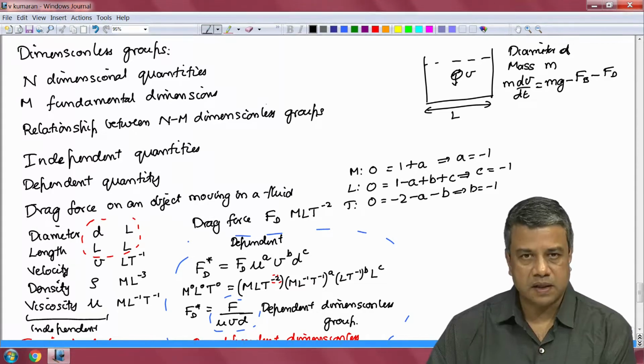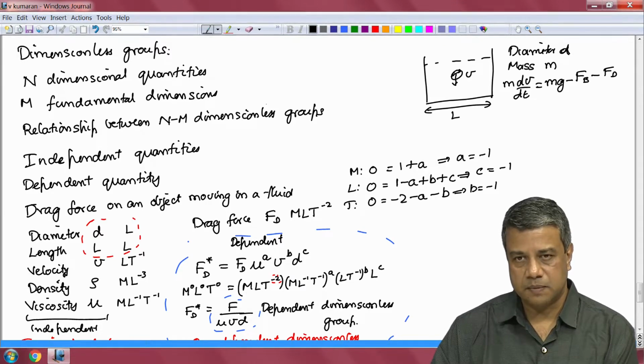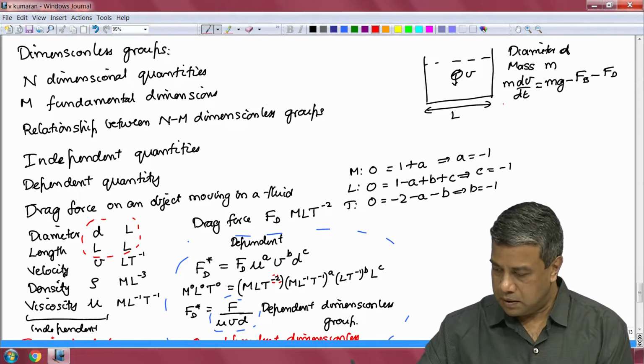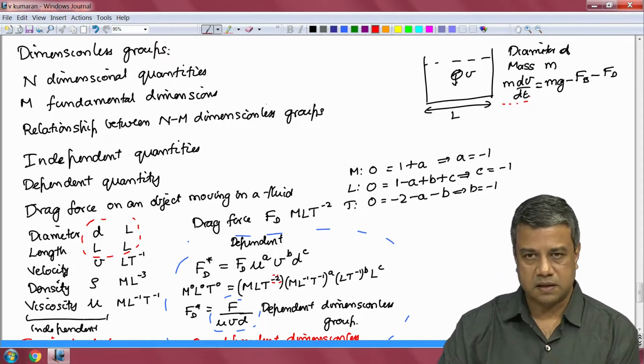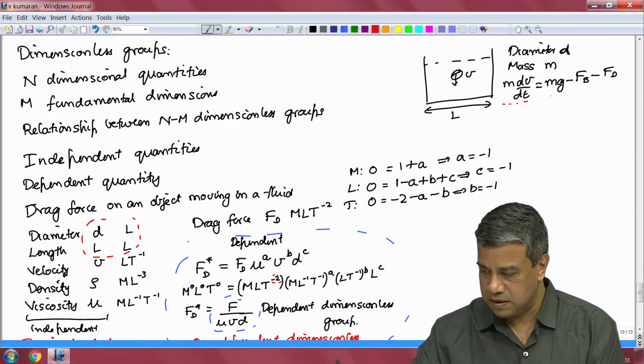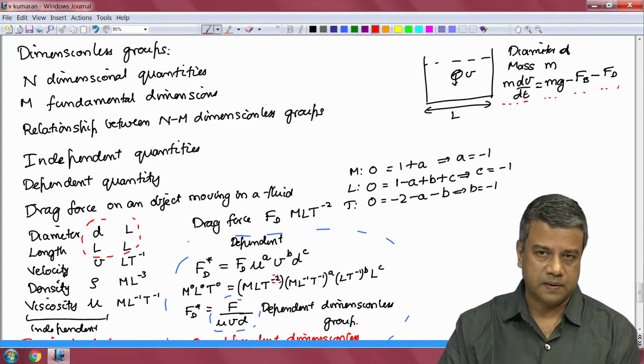So, in this particular problem that we had considered, a particle was settling in a fluid with a certain velocity v. Newton's law for that particle says that the mass times the acceleration of the particle is equal to the sum of the forces exerted, and the forces are the gravitational force, the buoyancy force, and the drag force due to the fluid.